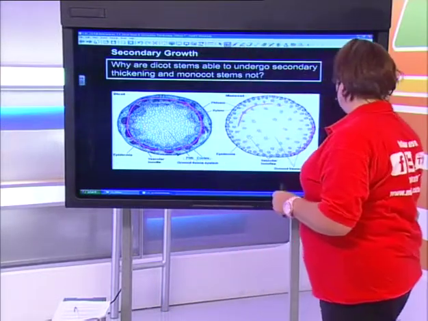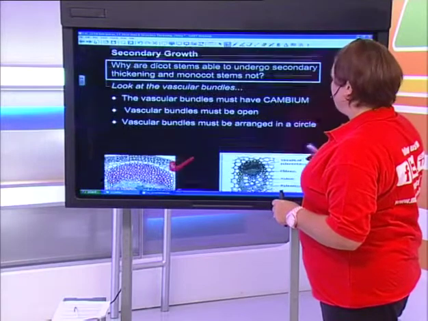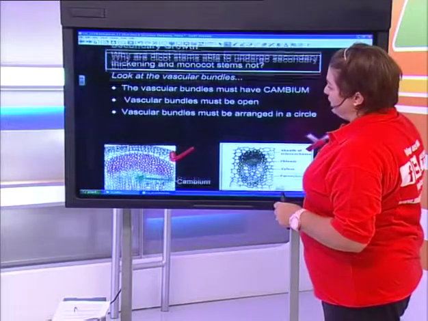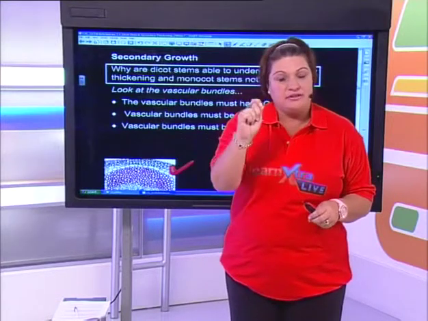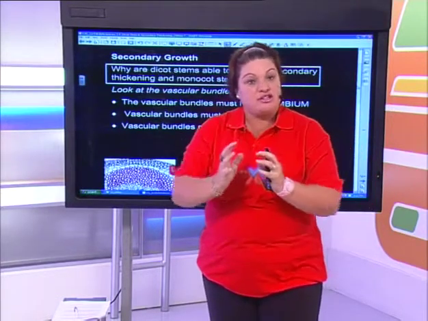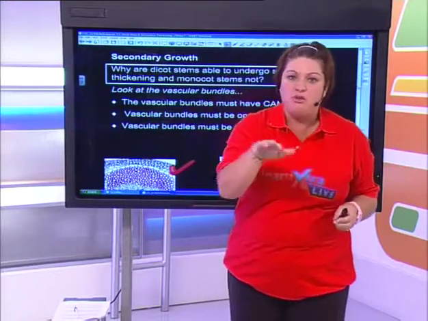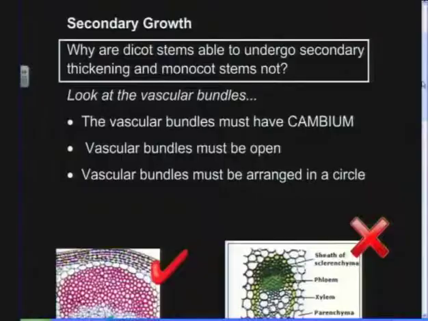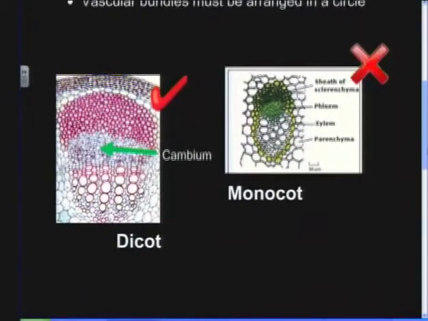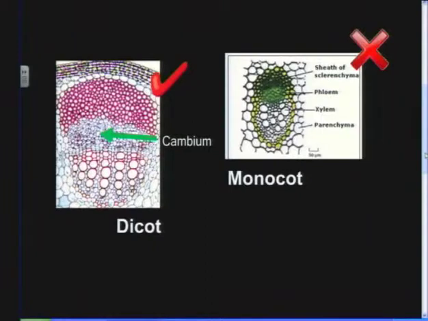Now, the secret lies in our vascular bundles. They are our secret weapon. Have a look here. The vascular bundles, their structure, is the force behind the secondary thickening. I want you to have a look at these two over here. You'll see I've even put crosses and a tick on it.